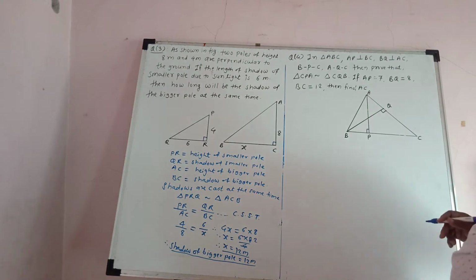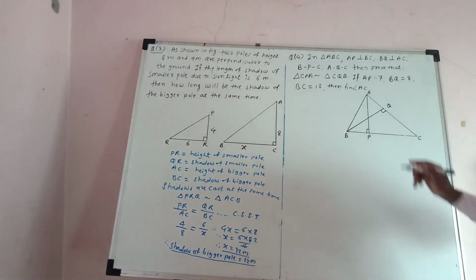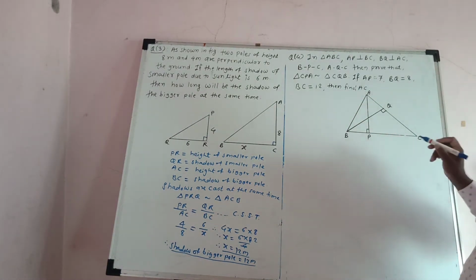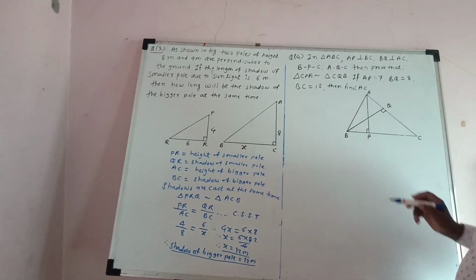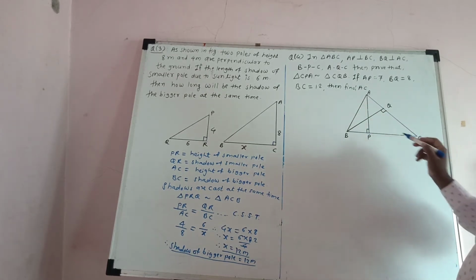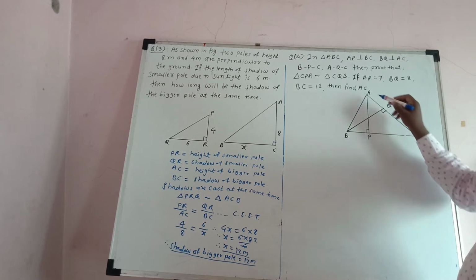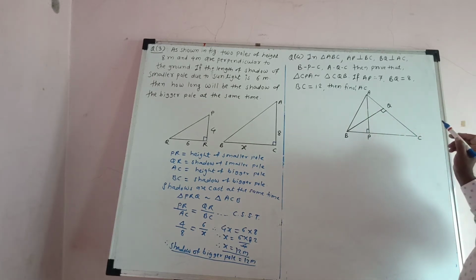Now example number 4. In triangle ABC, AP perpendicular BC and BQ perpendicular to AC.